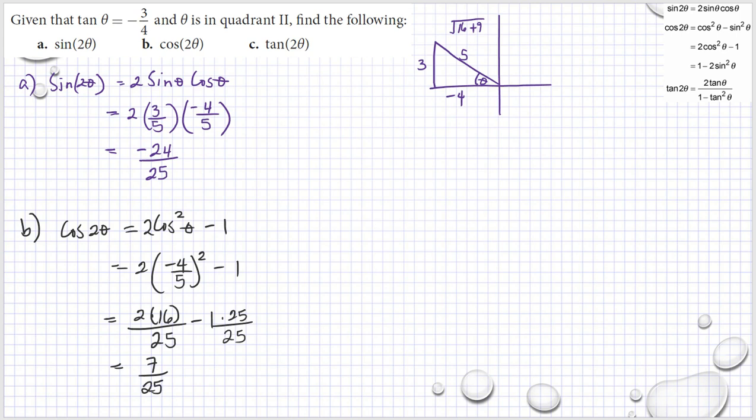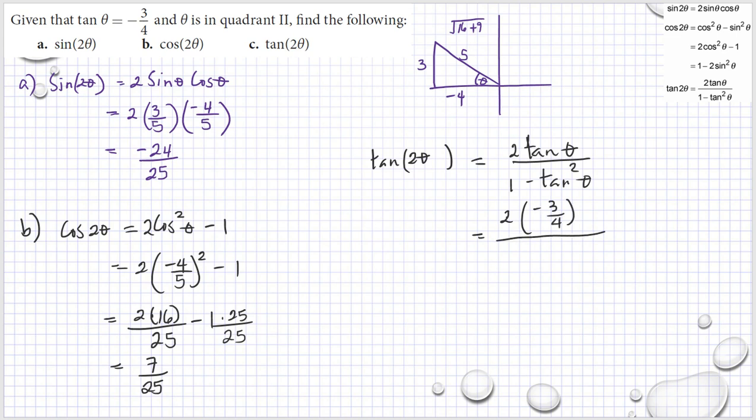And then we have tangent 2 theta. Tangent 2 theta is equal to 2 tangent theta divided by 1 minus tangent squared theta. So we have 2 times negative 3/4 divided by 1 minus negative 3/4 squared.